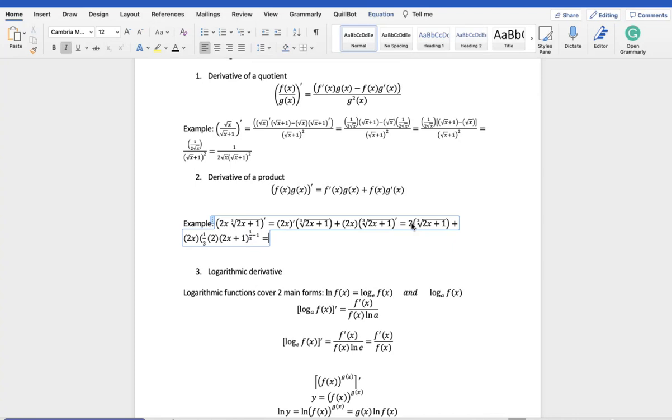And this is obviously equal to 2 times the cubic root of 2x plus 1, plus now you will have the 2 multiplied by the other 2 here, all divided by 3, so you have basically 4/3 x multiplied by 2x plus 1 to the exponent of 1/3 minus 1. 1/3 minus 1 is just negative 2/3, right?